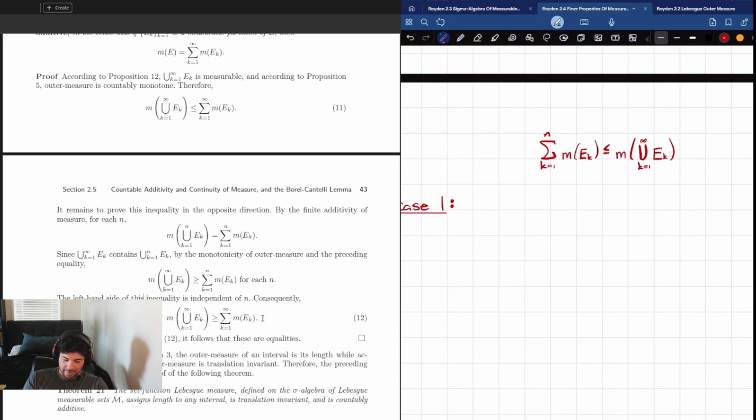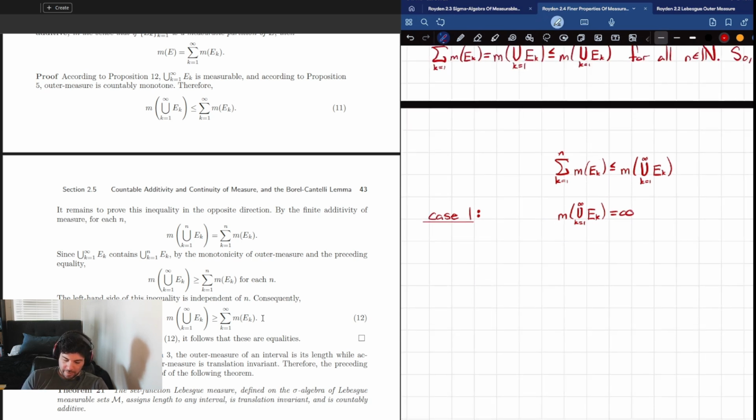Case one is that this measure is infinite. Suppose this is infinite.